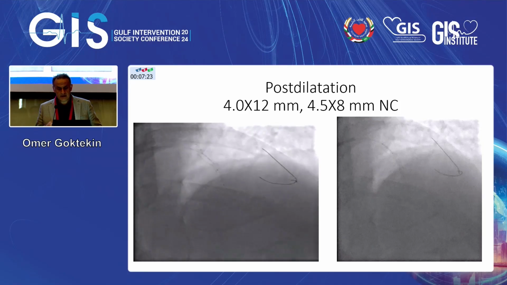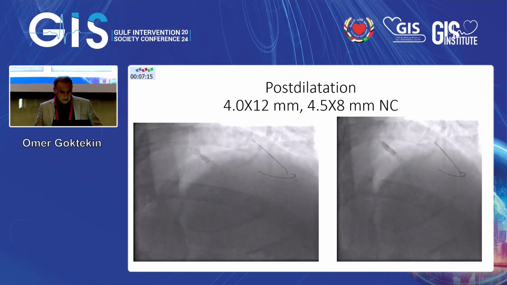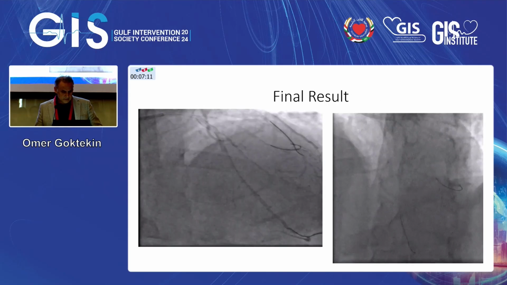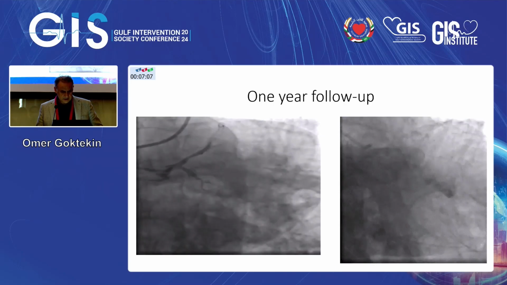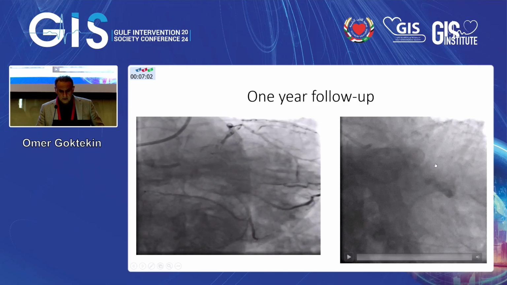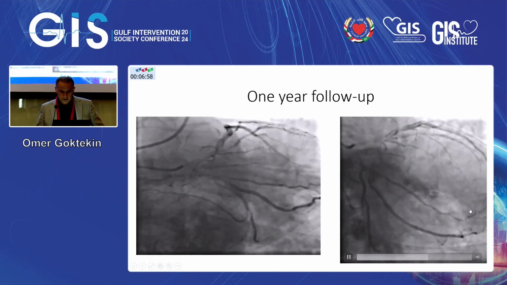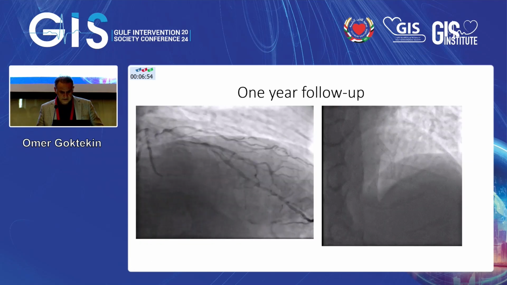According to IVUS, again, it's a large vessel, and we did good dilatation with big balloons here, and it's tapered, as you can imagine. And this is the result after post dilatation. And after 1 year, again, we have a good result here. And it is really big.